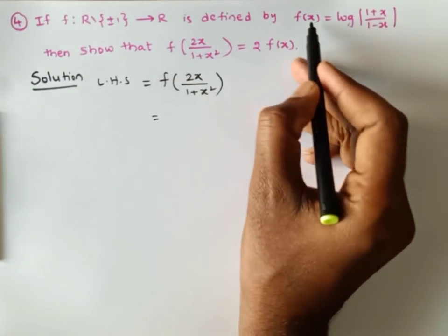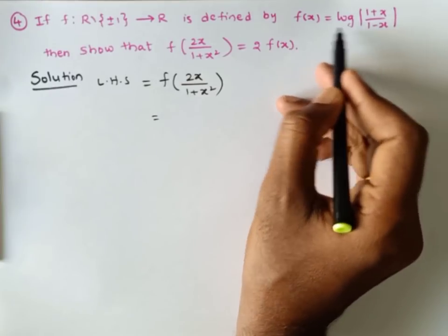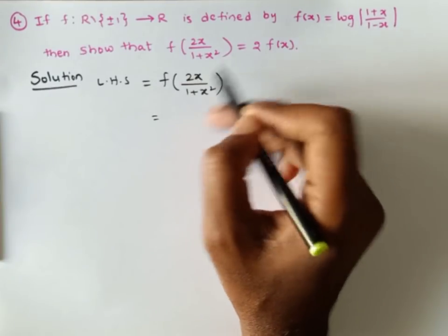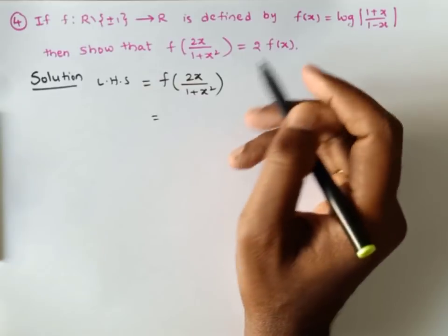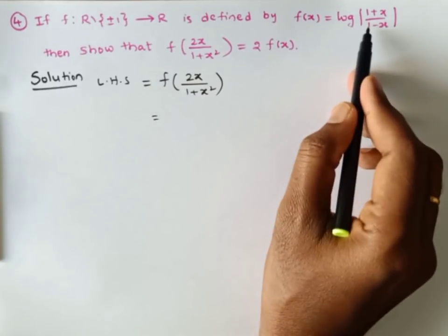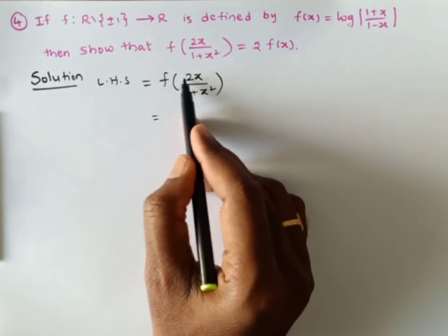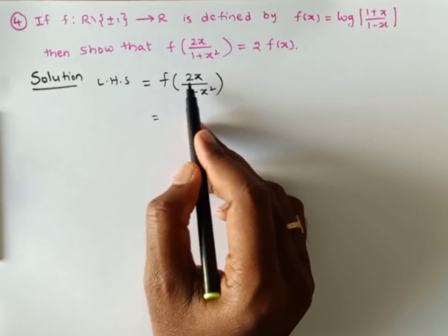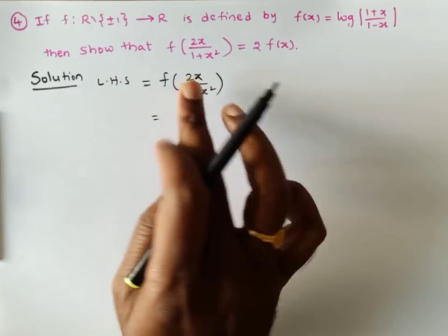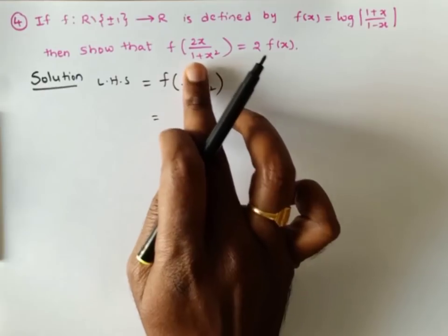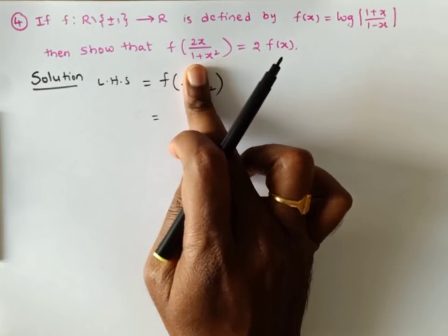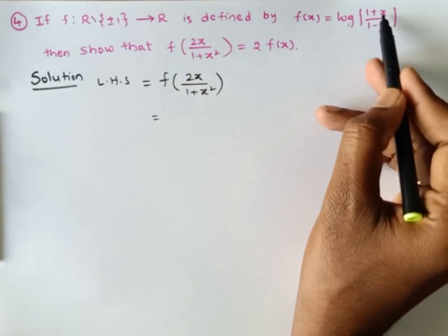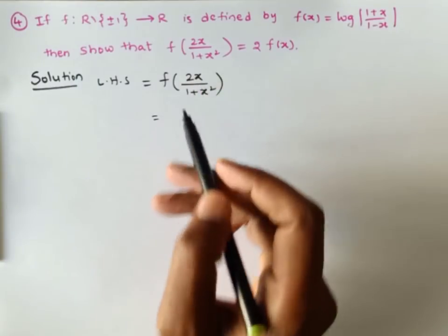Now what is f of x? Log of (1 plus x) by (1 minus x). Now just replace x with 2x by 1 plus x square. See, f of x is defined like this, but we need to find f of some other value. So in the given problem, instead of x, 2x by 1 plus x square is there. So we need to replace this x with this entire value.